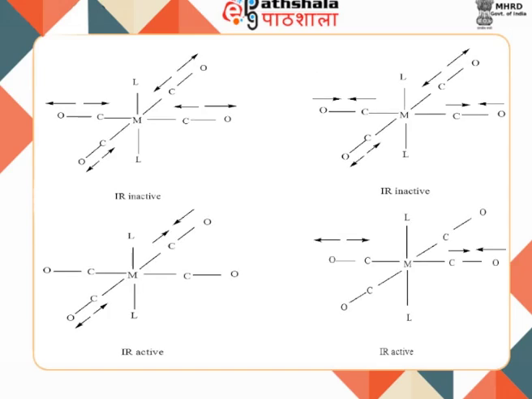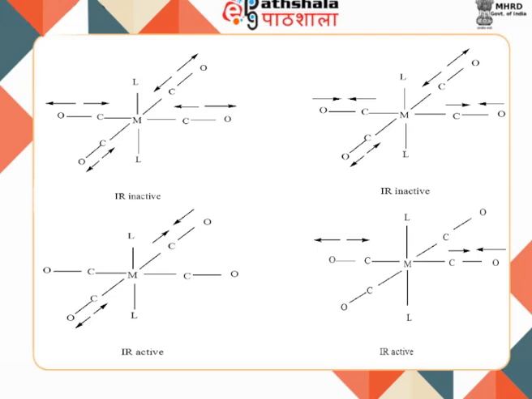For the cis isomer, all the four forms of the CO stretching vibrations are distinct and can absorb IR radiation.